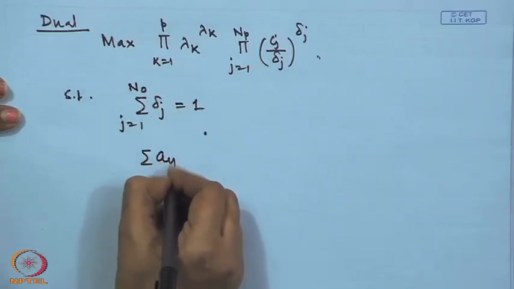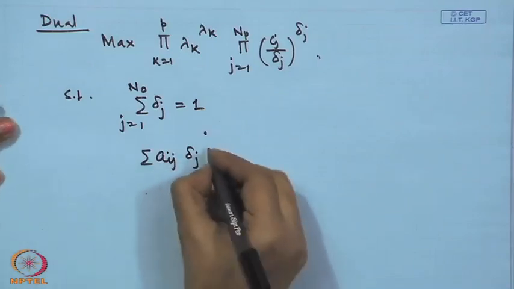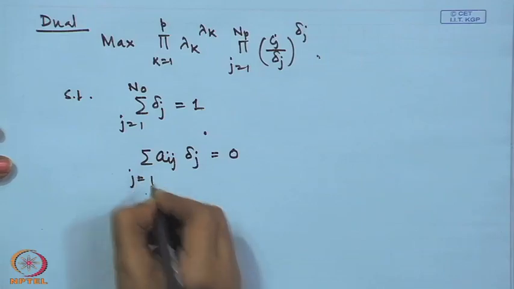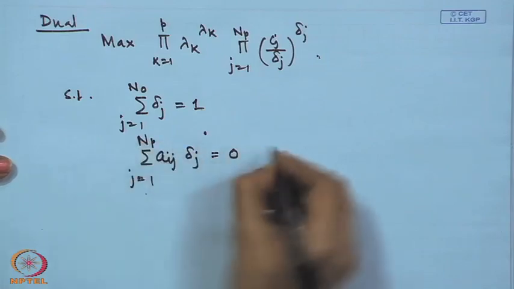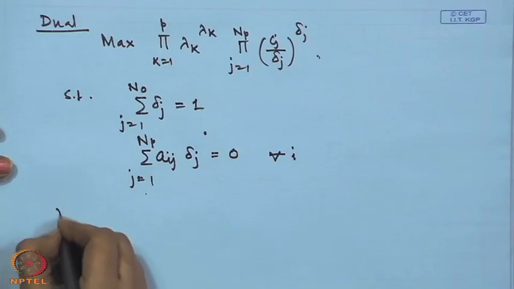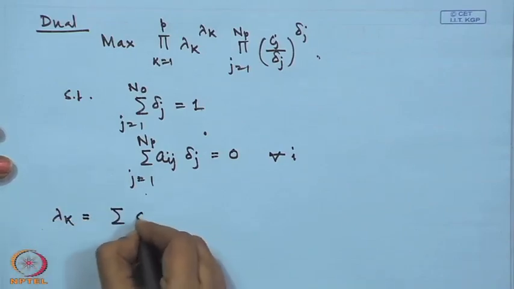We have the orthogonality condition summation of aij delta j is equal to 0, j is from 1 to np again for all i's, and here we have considered lambda k equal to summation of delta j's.